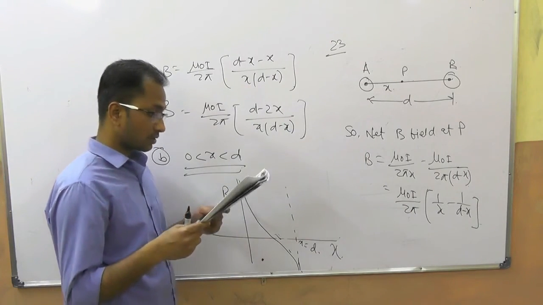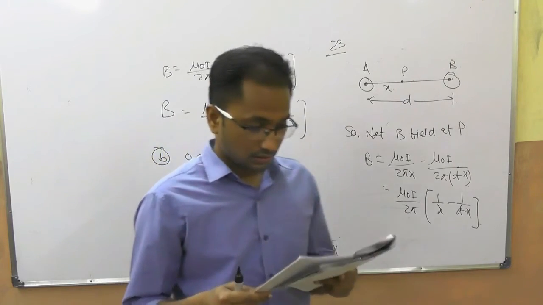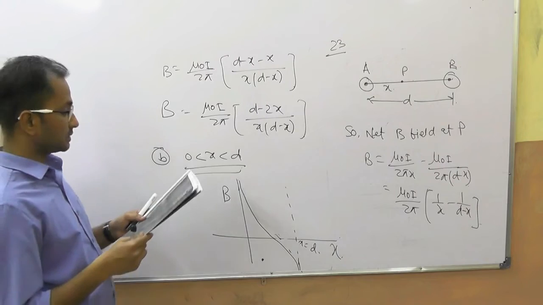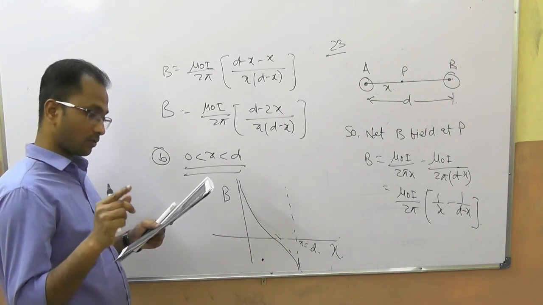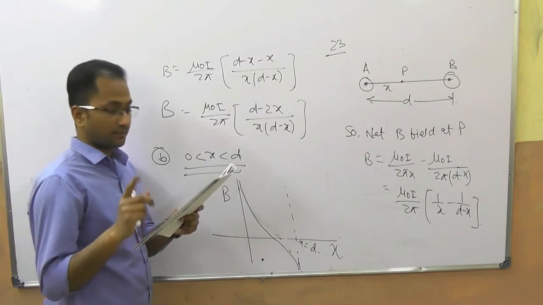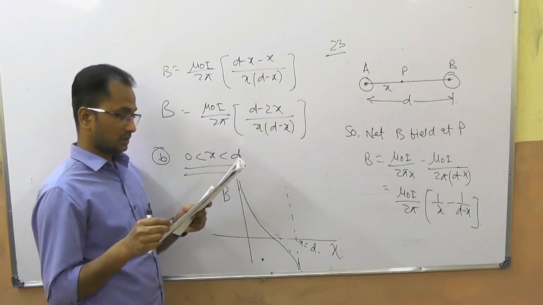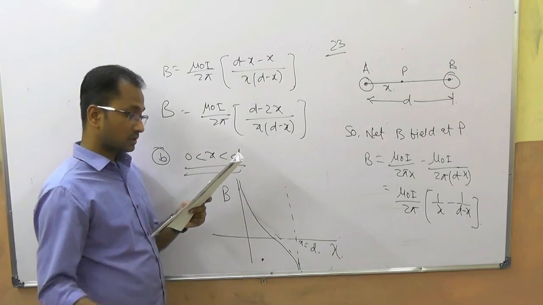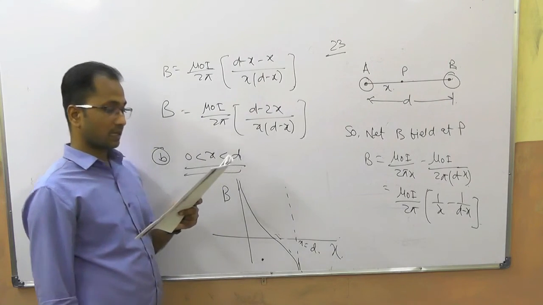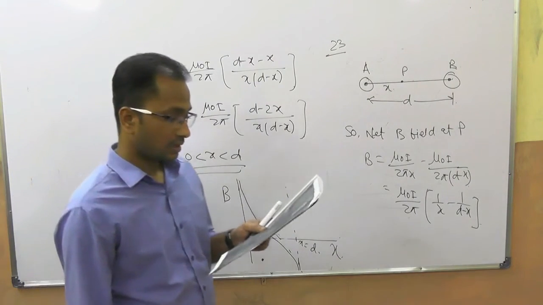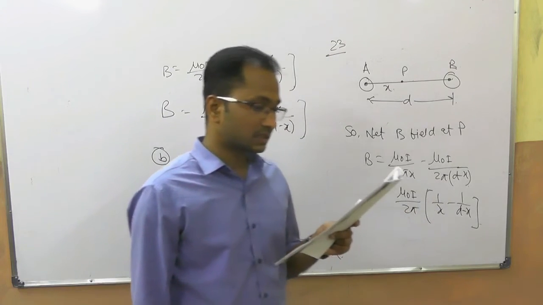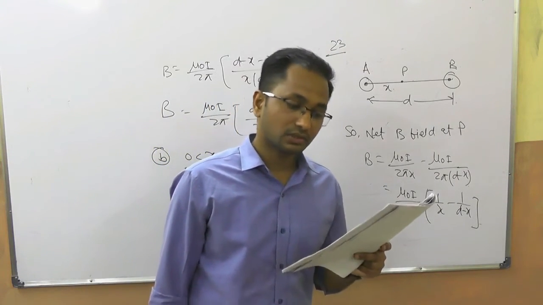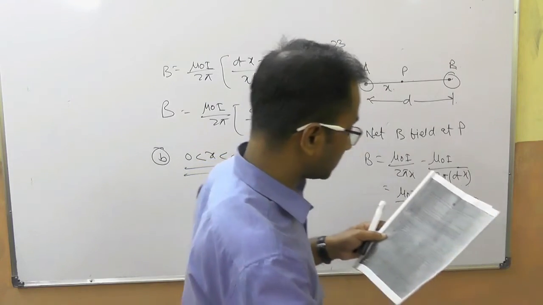Now question number 24. Define wave front of a travelling wave. So wave front is the locus of points where all the particles are vibrating in the same phase. Now the next question is: using the lens maker formula, derive the thin lens formula 1 by f equal to 1 by v minus 1 by u for a biconvex lens.